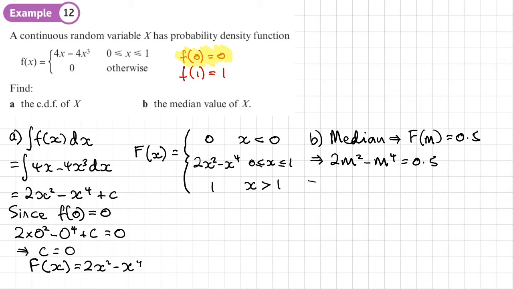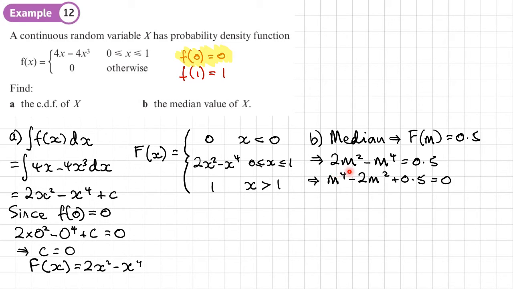So the rest of the question is just about trying to solve this equation. So let's write it as m to the power 4, taking that to the other side, minus 2m squared plus 0.5 equals 0.